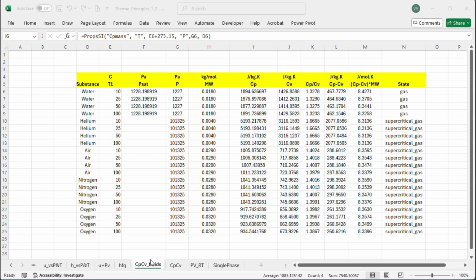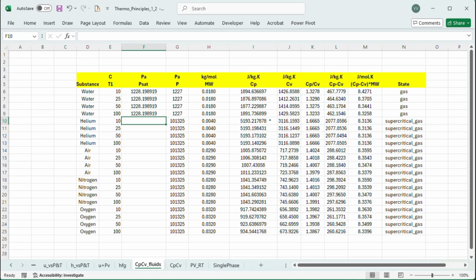If you go back to the CP/CV fluids tab, here you can see multiple temperatures being used to calculate the CP and CV. Typically for a range from 10 degrees to 100 degrees, you can see how the CP varies for most gases.